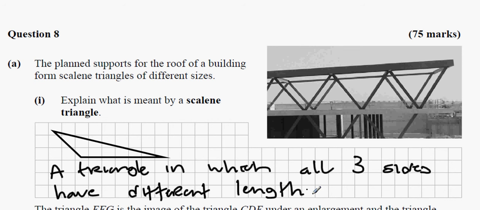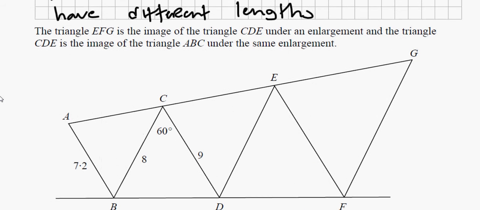Okay, next one. Triangle EFG is the image of CDE under enlargement, and the triangle CDE is the image of the triangle ABC under the same enlargement. Image means it's an enlargement. So EFG is the big one here. It is the image of CDE, so you can see that they're the same shape.